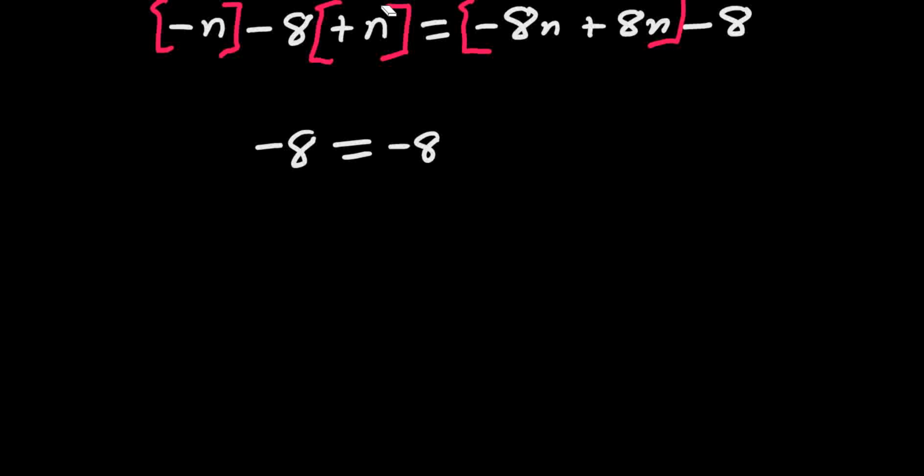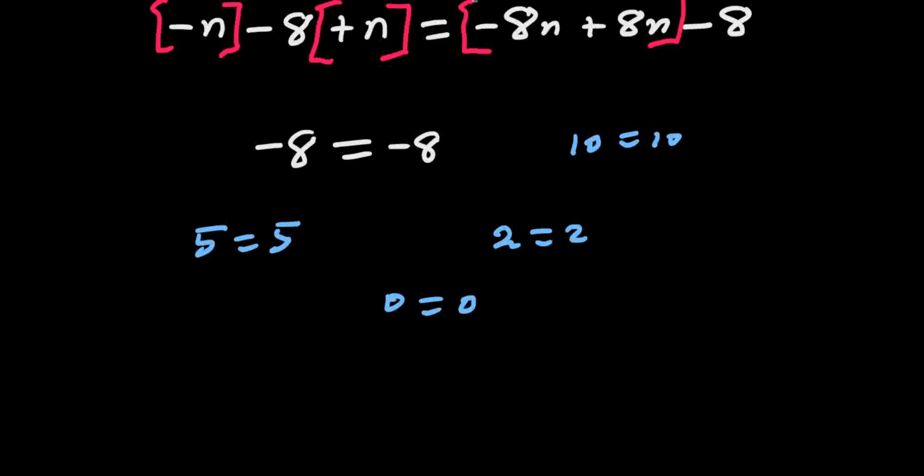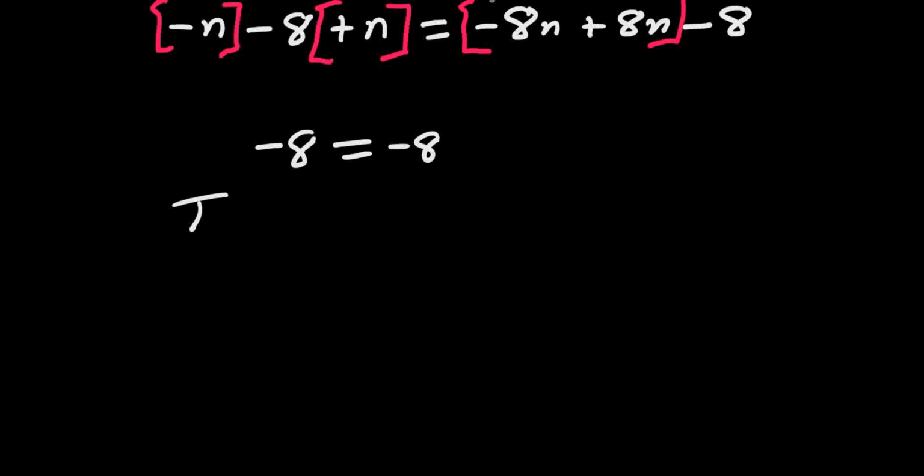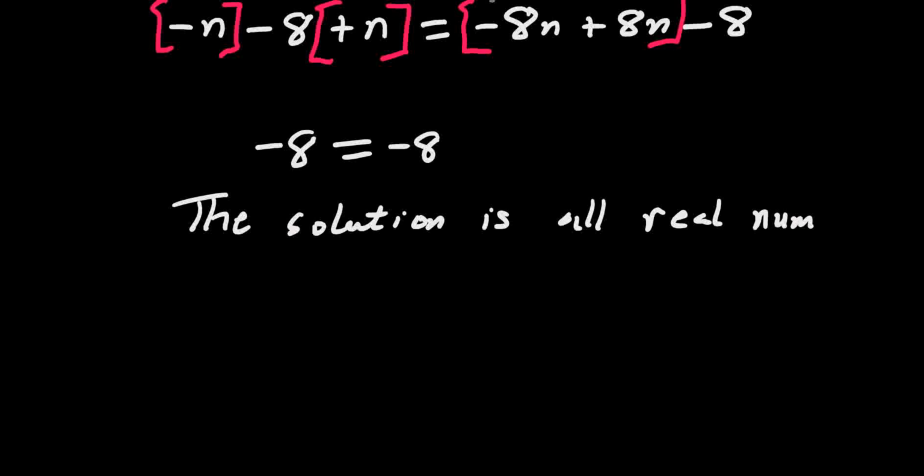My emphasis is that anytime you solve a problem and you have the answer on the left equal to the answer on the right, let's say 10 equals 10, or 2 equals 2, or 5 equals 5, 0 equals 0, anytime you arrive at this, you simply write as your answer: the solution is all real numbers.